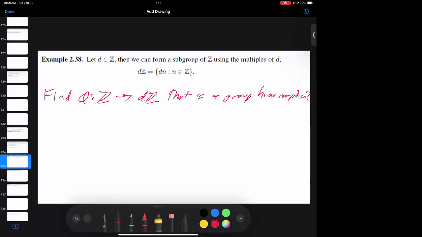Why can I find such a phi? Phi of n equals 0. Find a non-trivial one. So the question is, would there be a non-trivial one? There's a natural guess. What might you try to guess?